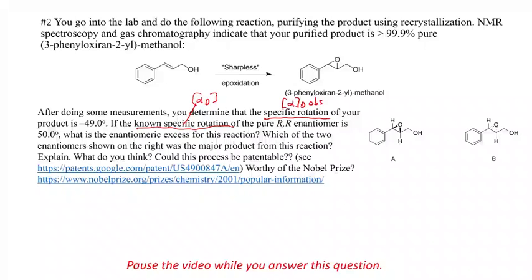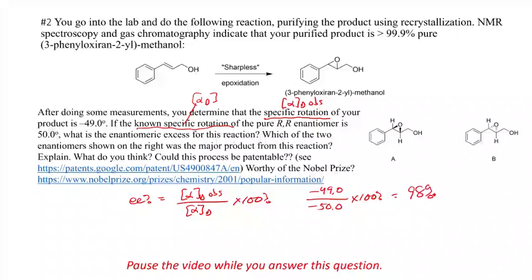All right, so the enantiomeric excess is defined as the observed rotation divided by the known specific rotation times 100%. Now these are for the same enantiomer. So what we have here is minus 49 divided by minus 50. In other words, we got the SS enantiomer, not the RR, times 100. And that's 98%.